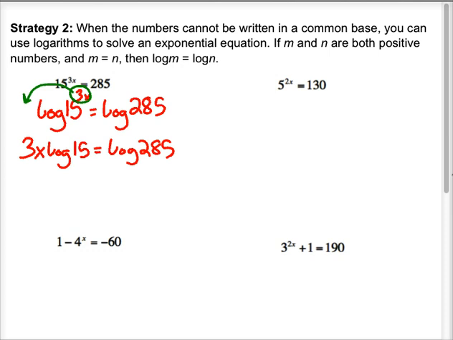Now, there's a reason that that is so important in this case. Because now I have x not as an exponent, I have x just being multiplied by other things.